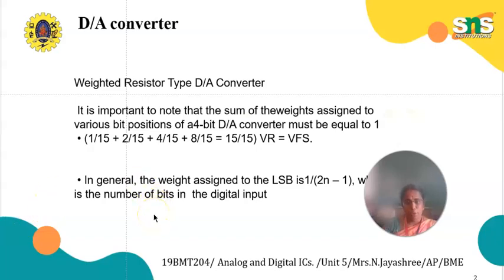It is important to note that the sum of the weights assigned to the various bit positions of the 4-bit digital converter must be equal to 1. That is 1/15 plus 2/15 plus 4/15 plus 8/15 is equal to 15/15 VR. In general, the weight assigned to the LSB is 1 divided by 2^n minus 1, where n is the number of bits in the digital input.